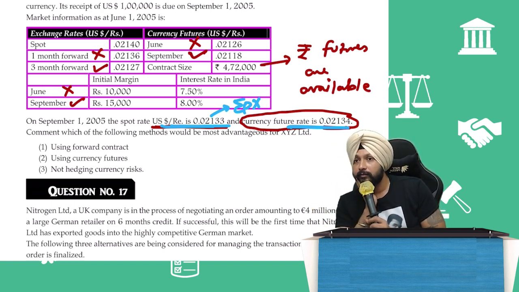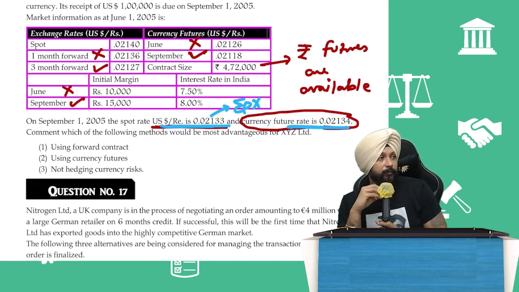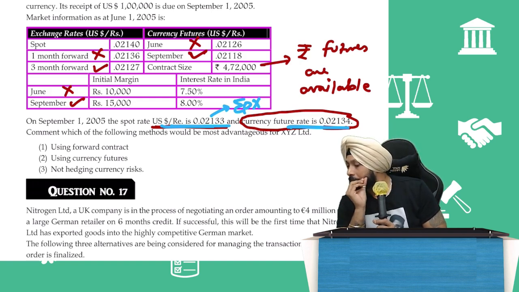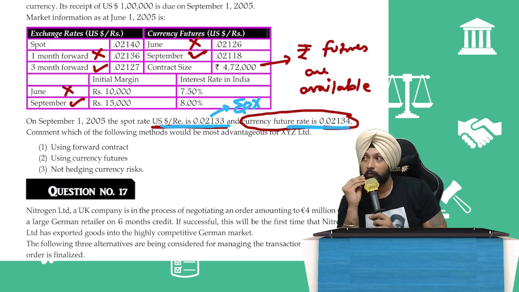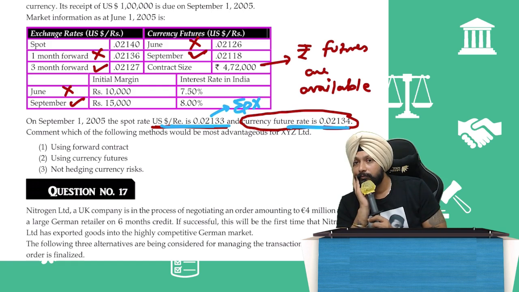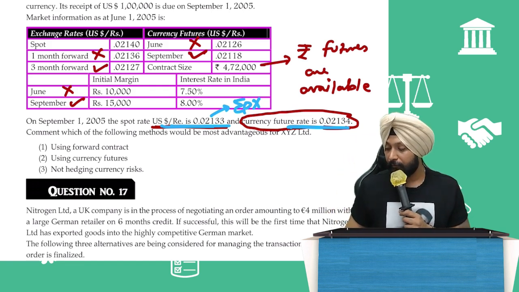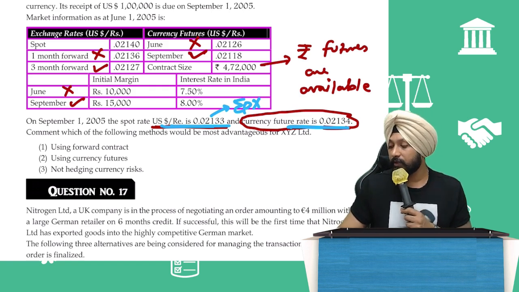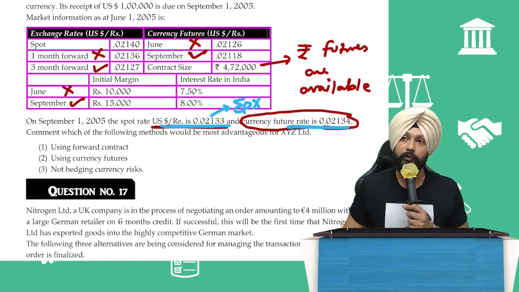Anything else, guys? What makes this sum impractical in the real world? Rupee futures are given. It is a wrong framing of a question.